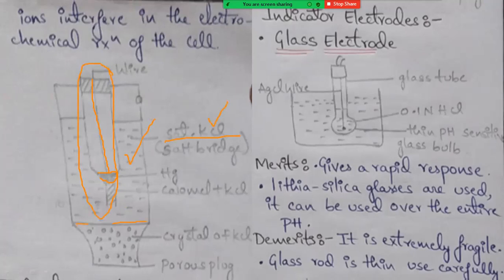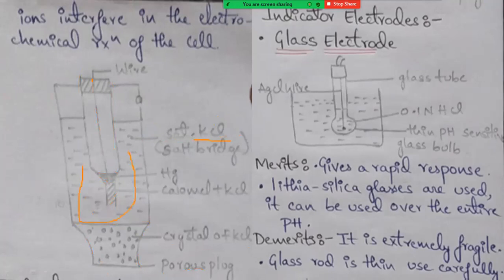And at the bottom of the sleeve we have a porous plug, which is made of asbestos and consists of pores. In these pores, we have crystals of potassium chloride. So if you see, at every part potassium chloride is there. The saturated potassium chloride solution is there.